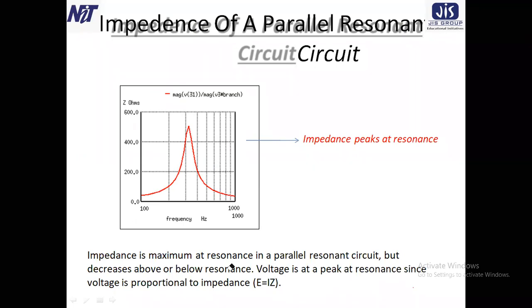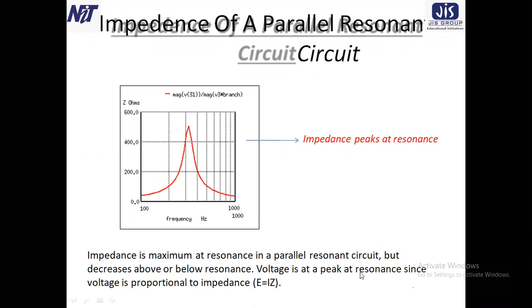From the given graph, you can see that the impedance is maximum at resonance in a parallel resonance circuit, but decreases above or below resonance. Yes, at resonance frequency it is maximum.